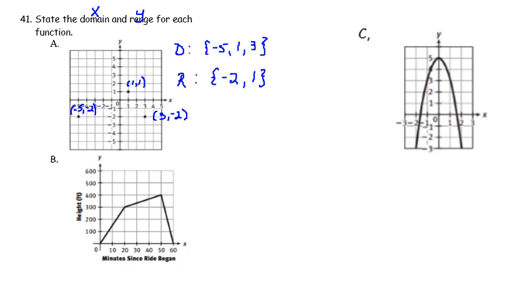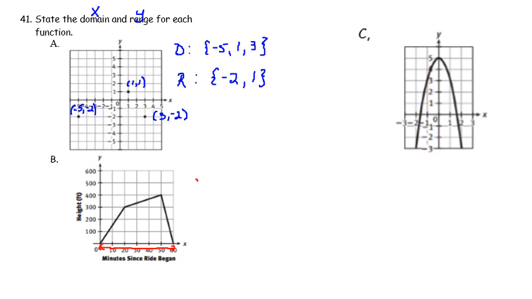Now letter B. Okay, this is a continuous graph, so our domain and our range is going to look a little bit different than what it did in problem A. So remember, again, the domain are your x values. So looking at your x's, we're going from 0 to 60.